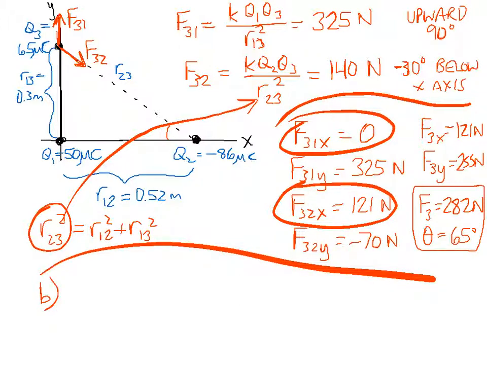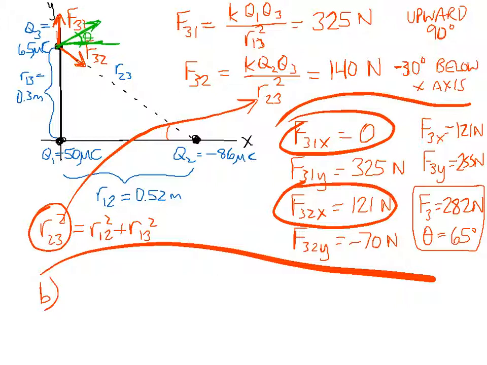For part B, where could you place a fourth charge that's negative 50 microcoulombs so that the net force on Q3 would be 0? Well, we already said that the net force is going to be somewhere up in this region right here, and it's actually at 65 degrees to the axis, so this angle right here would be 65 degrees. The net force is 282 newtons, so we want to place a charge to cancel out that net force.